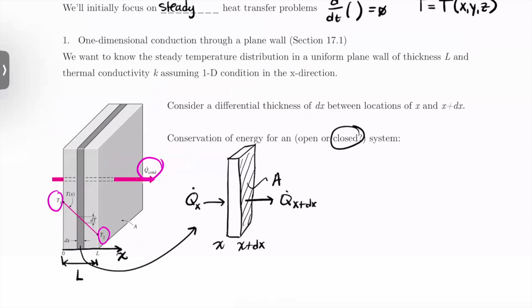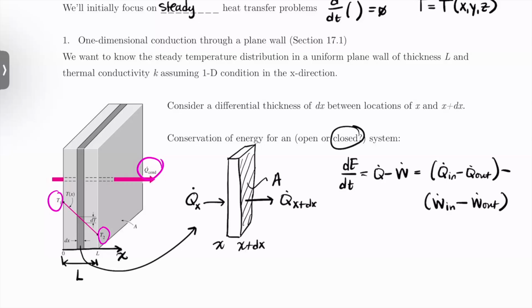So I can write down conservation of energy for this. So I have dE dt is equal to q dot in minus q dot out minus w dot in minus w dot out, right? And we know that this is steady. So since it's steady, we're going to get rid of our time derivative. And there's also no work done on it, right?